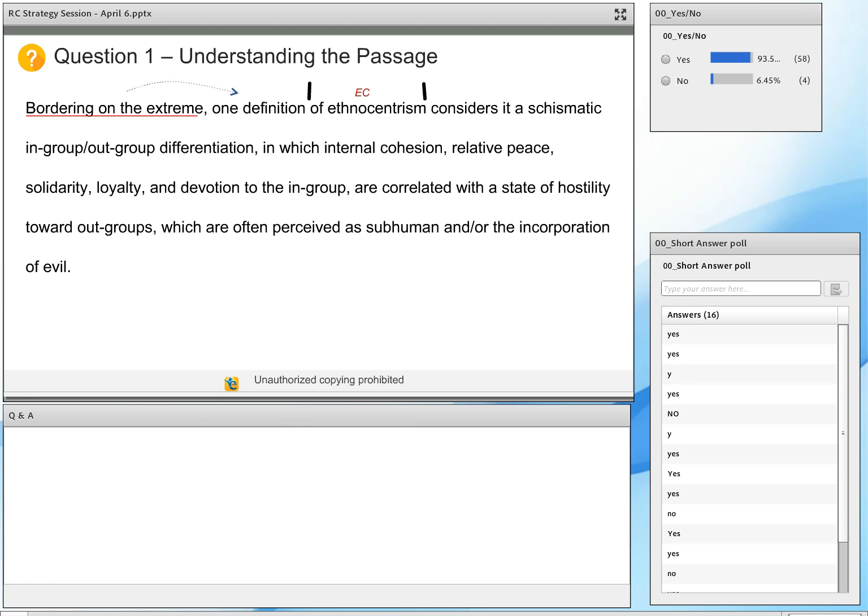One definition of EC considers it a schematic in-group out-group differentiation in which. So I'm just going to pause here because I know what is going to come after 'in which.' Tell me, what's going to come after 'in which'?